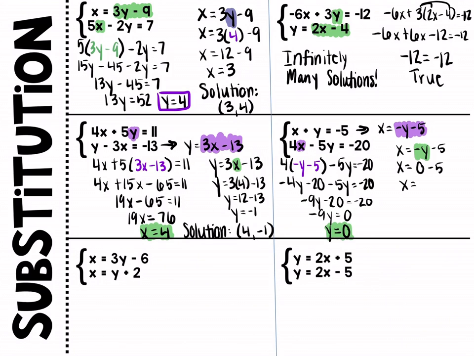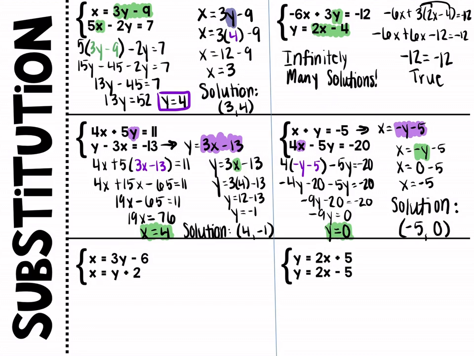So x is 0 minus 5, so negative 5. Okay, so my solution is the ordered pair negative 5, 0: x is negative 5, y is 0. So we would label this system as consistent and independent. There's one solution. The solution is negative 5, 0.